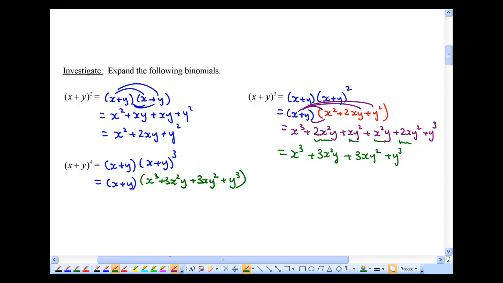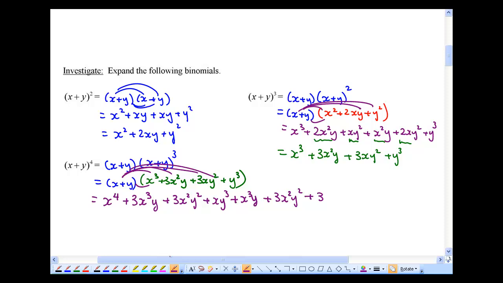And then expand and collect like terms. x to the power 4, 3x cubed y, 3x squared y squared, xy cubed, x cubed y, 3x squared y squared, 3xy cubed, plus y to the power 4.